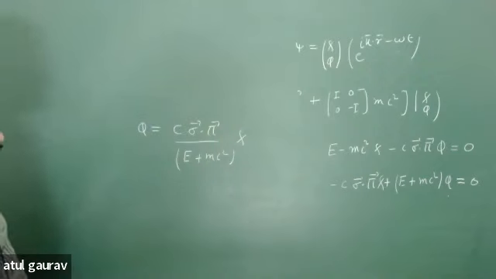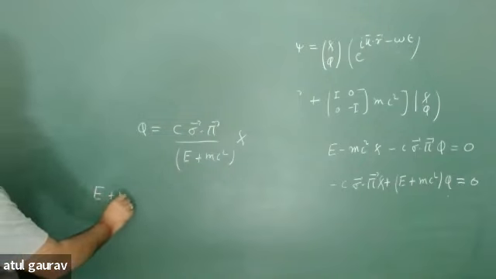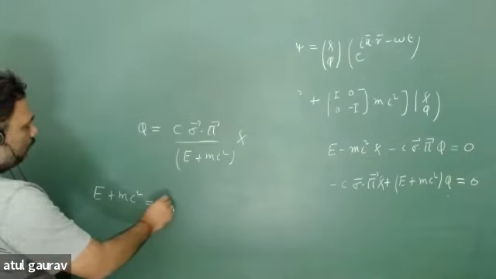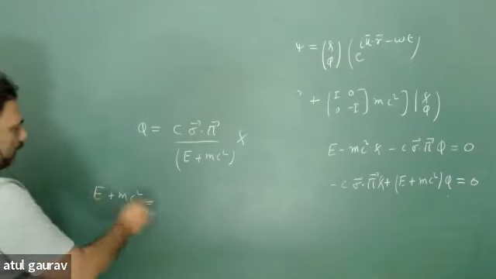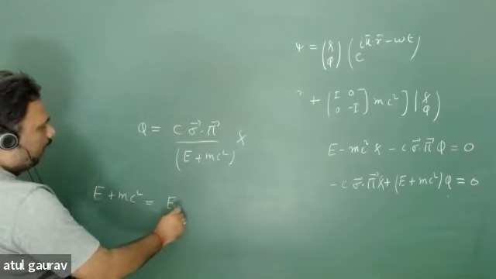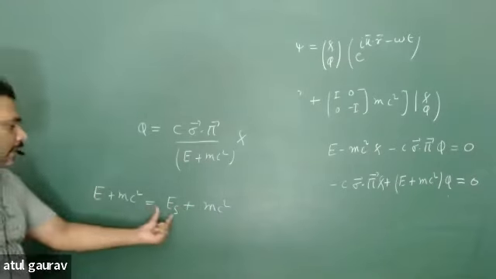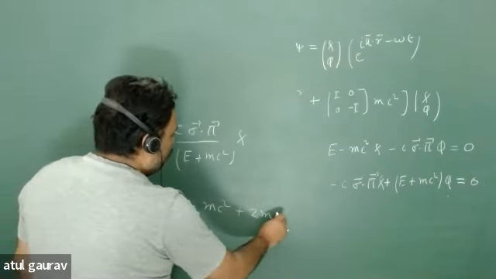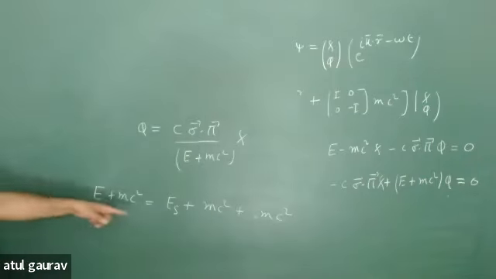Now, E plus mc square is nothing but the total energy of the system, and E can be written as the kinetic energy plus mc square. लिख सकते हैं ना इसे? इस पूरे टर्म को?